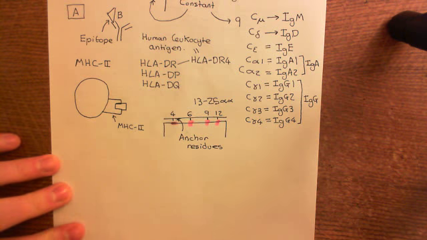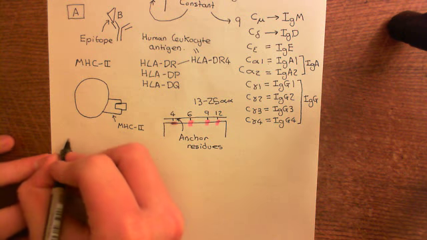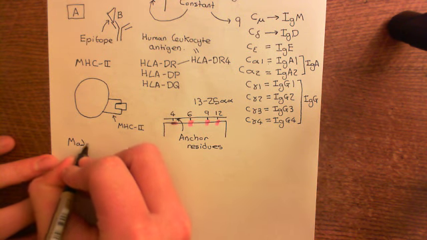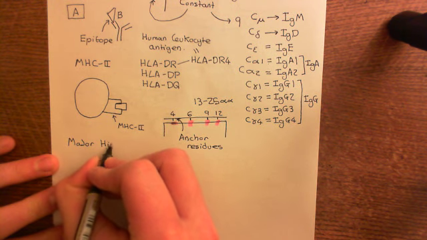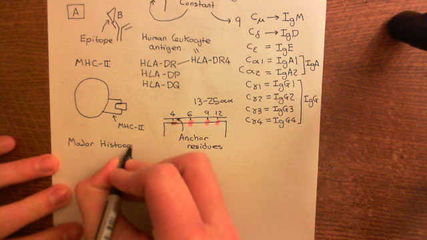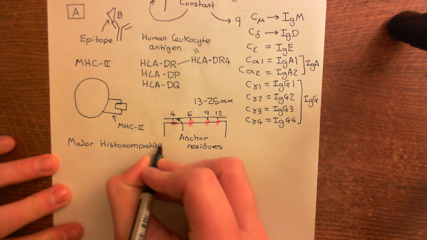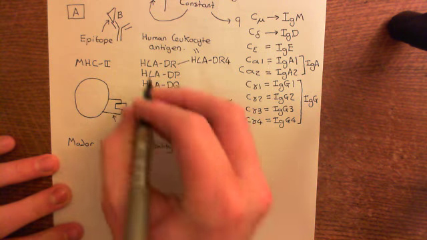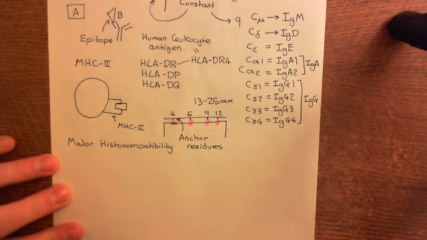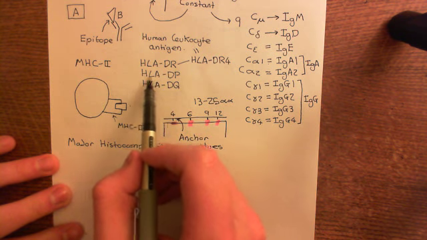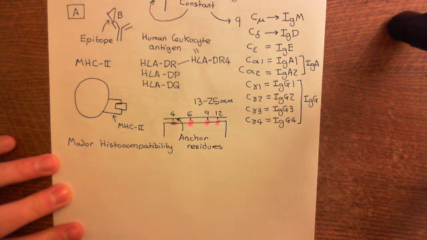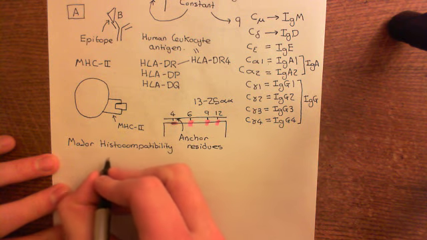MHC stands for major histocompatibility complex. In the human genome, you have these 3 separate loci which give instructions on how to build MHC class 2: an HLA-DR locus, an HLA-DP locus, and an HLA-DQ locus, and they all produce slightly different MHC class 2 molecules.